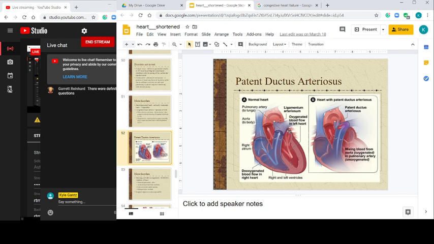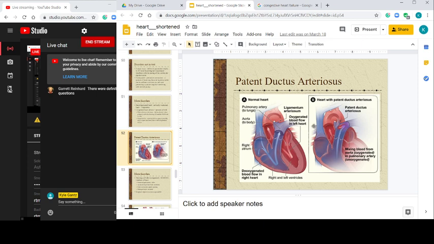Well, in the fetal system, we bypass the lungs. We're getting oxygenated blood from mama, so we don't need to go to the lungs, and so we have this ductus arteriosus that goes from the aorta to the pulmonary trunk.